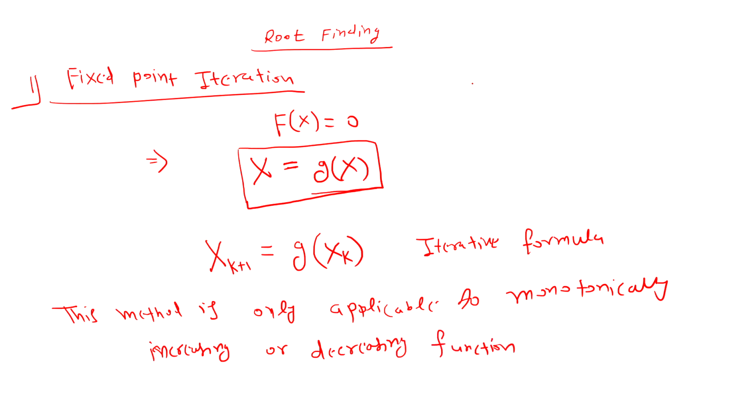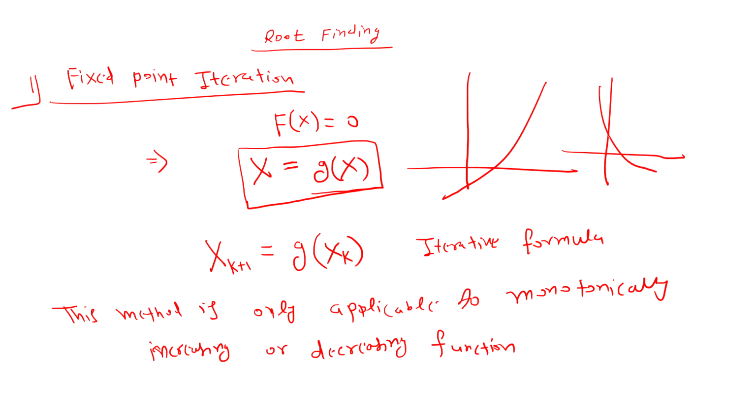So that means either the function should be like this or the function should be like this. So either the function should monotonically decrease with x or the function should monotonically increase with x. So for this kind of functions, we can use fixed point iteration method to find the root of this function.